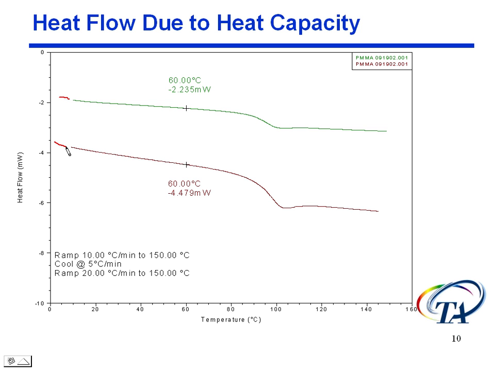This is just heat up, cool down, heat up again. Now, if I take a point someplace here in the baseline, and I chose 60 degrees, and I measure the heat flow there, it's minus 2.235. If I double that heating rate, so go at 20 degrees a minute, I should see this double, right?